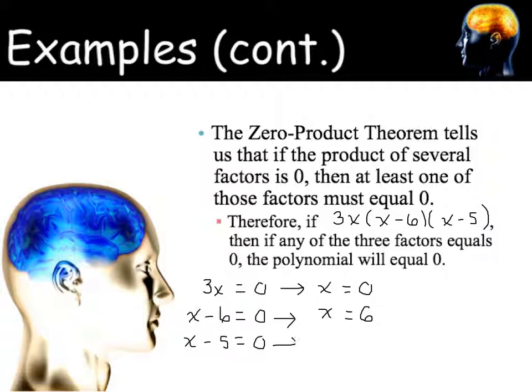And the last factor, we'd need to add 5 to both sides, and we'd get x is equal to 5. So we've determined then that if any of the 3 factors equals 0, we would get a product of 0, and therefore x can equal 0, 6, or 5. If it had any of those values, we would get a product equal to 0.